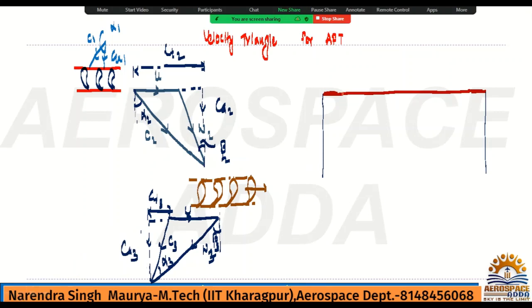So this will be, this is nothing but the absolute velocity, okay. This will be C3, absolute velocity, okay.